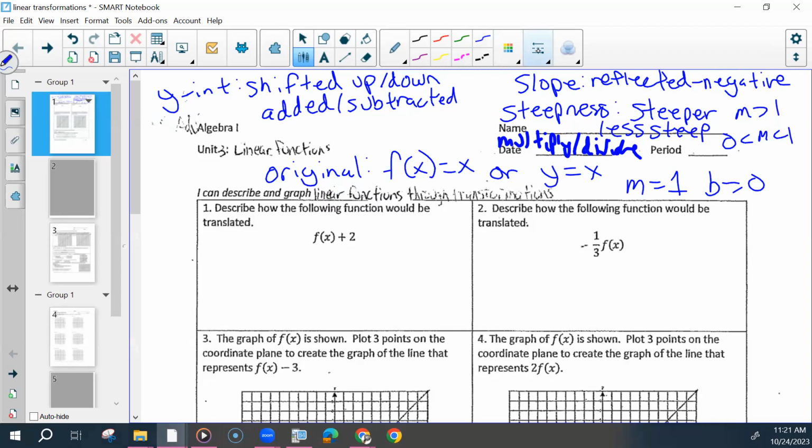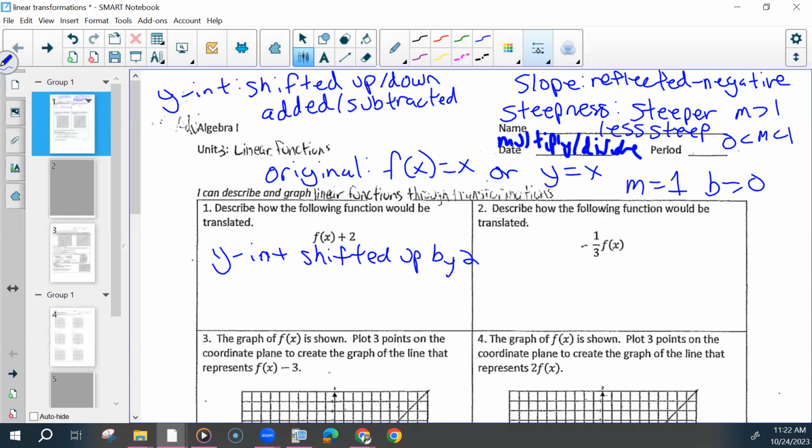So for number 1, we have to look at this and see what this would be doing based on our words. We see it's adding, so that has to be something with the y-intercept. So it means the y-intercept was shifted. If it's adding, do we think it's shifted up or down? Up. So the y-intercept shifted up by 2.